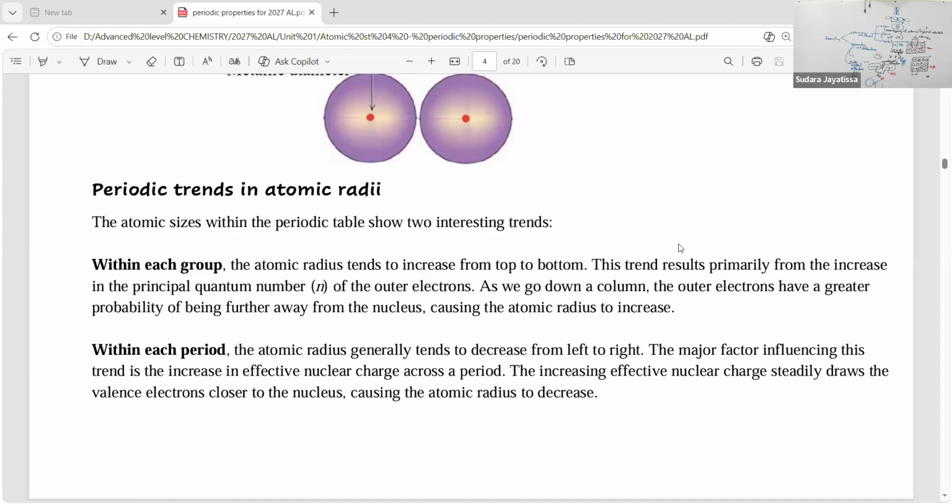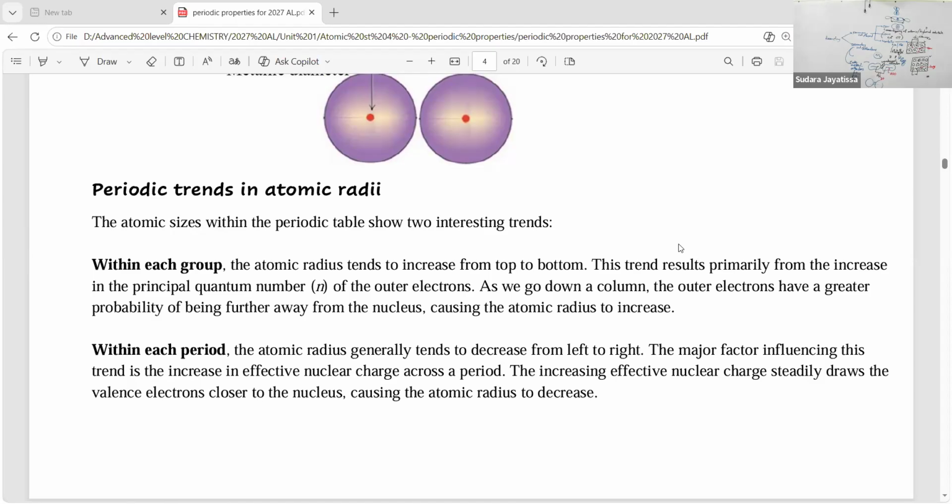This trend results primarily from the increase in the principal quantum number n of the outer electrons.